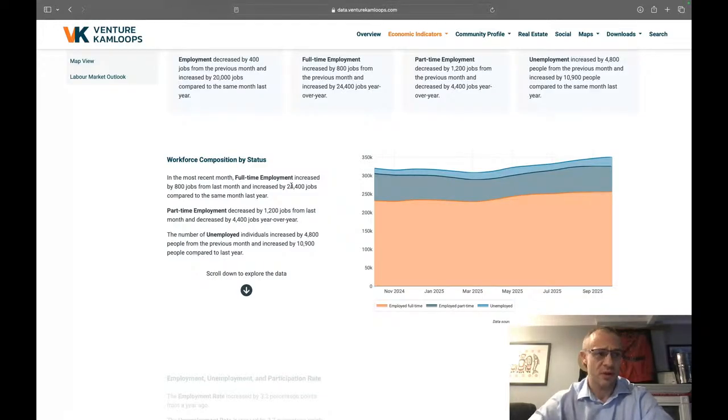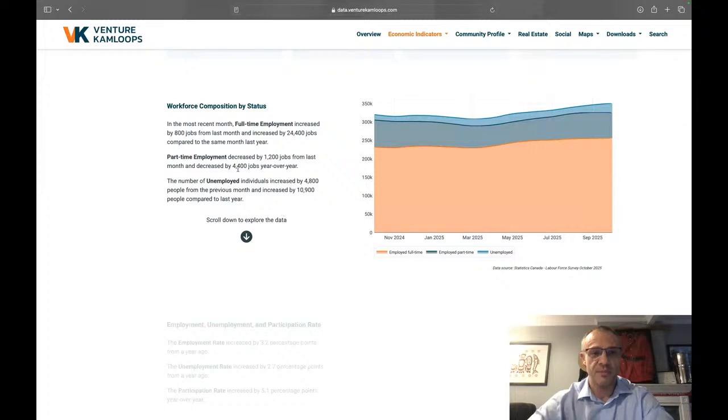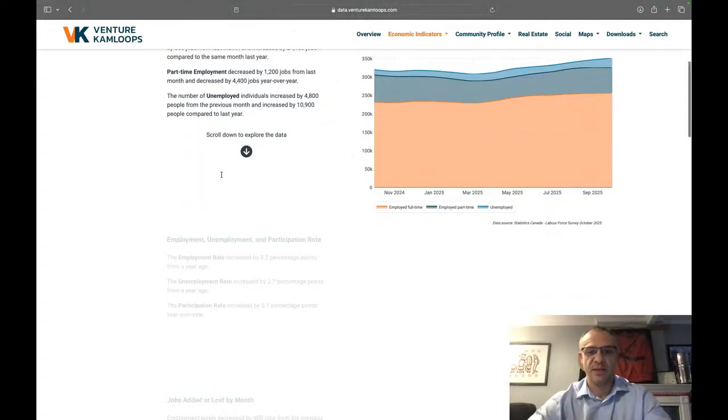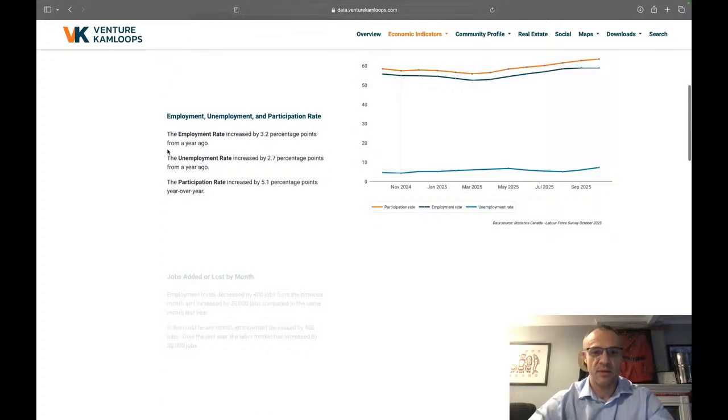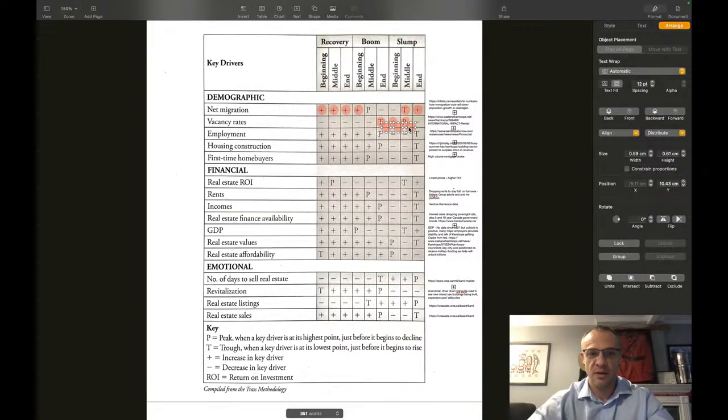This is in the Thompson Okanagan region surrounding Kamloops. We lost a bunch of part-time jobs, and the number of unemployed individuals went up too. So it's kind of mixed data, but overall, the participation rate has increased. So I'm comfortable saying the employment is up slightly. So we'll throw that in there.